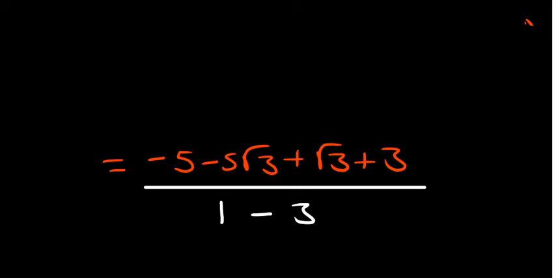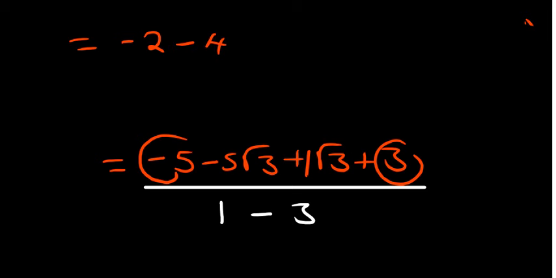So like terms, 3 minus 5 is negative 2. Negative 5 root of 3 plus root of 3 is like negative 5 plus 1, which is a minus 4 root of 3, over 1 minus 3, which is a negative 2.